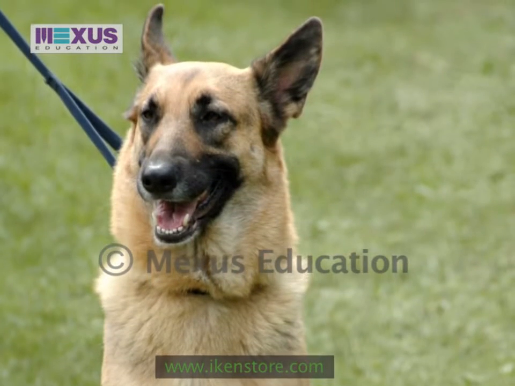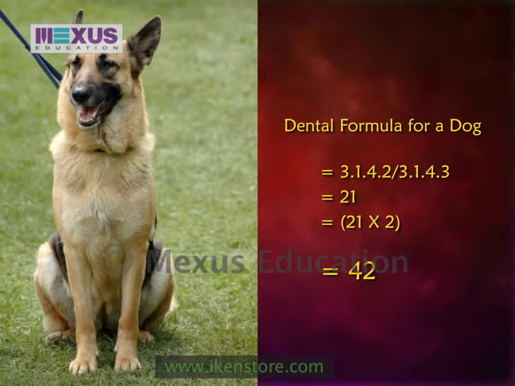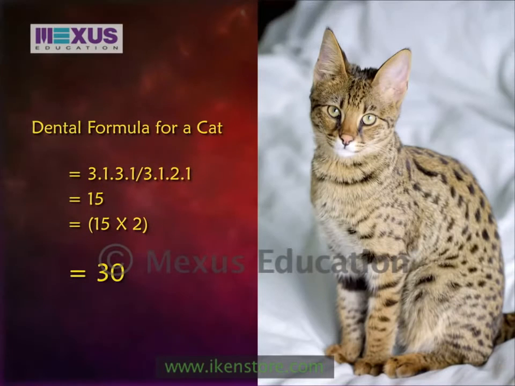The number of teeth according to the dental formula for a dog are 21. Thus, the total number of teeth in a dog are 21 multiplied by 2, that is 42. Let's take another example of the dental formula for a cat. Here, the total number of teeth in a cat are 30.